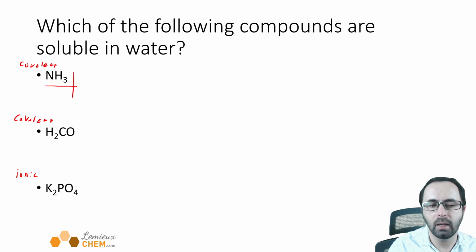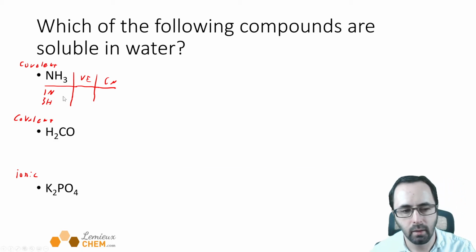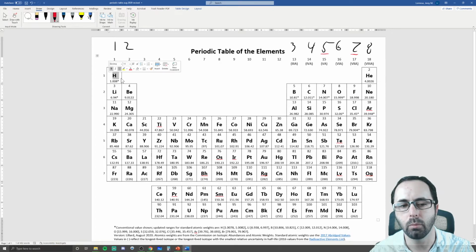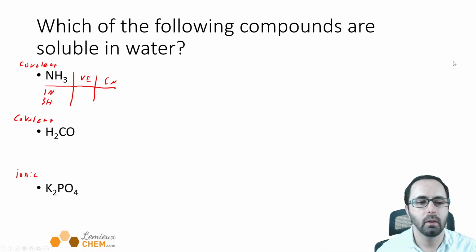So here we have NH3, so we should draw its Lewis structure to determine if it's polar or not. We have 1 nitrogen and 3 hydrogens. The nitrogen is in group 5, so 5 valence electrons, hydrogen group 1, 1 valence electron.